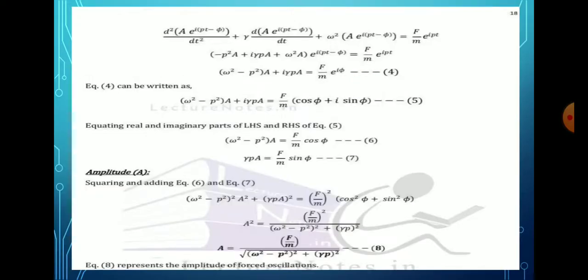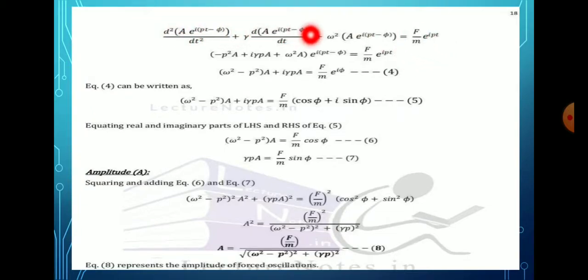We get d square of a e^i(pt minus phi) by dt square, plus damping coefficient r d of a e^i(pt minus phi) by dt, plus omega square a e raised to i(pt minus phi), equal to f by m e raised to i p t.